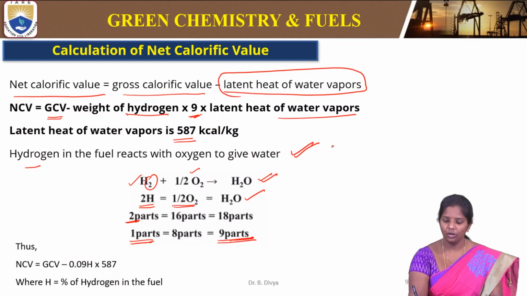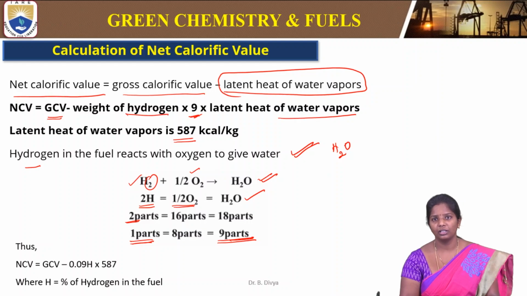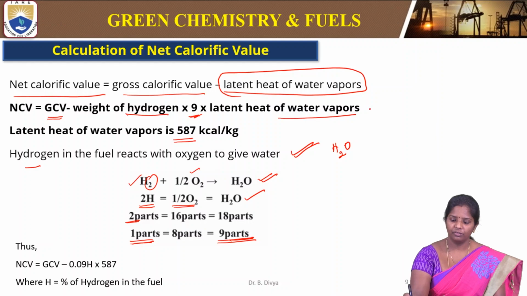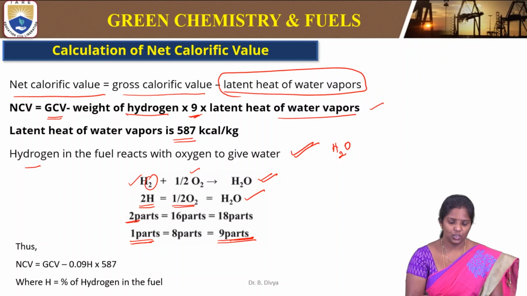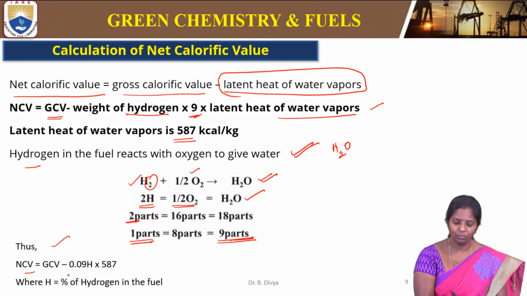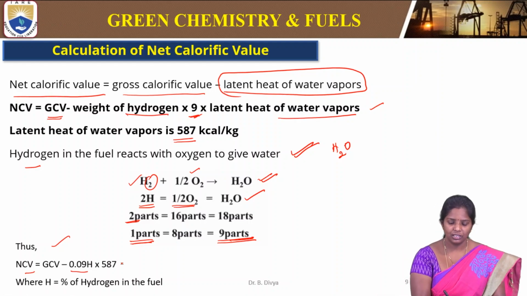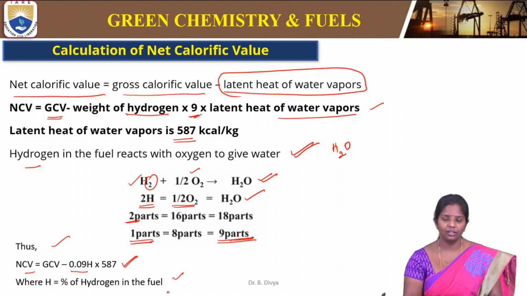This is how we consider the water that is forming, and the parts of water that form from 1 part of hydrogen. So this gives a good formula for the net calorific value. Net calorific value is equal to gross calorific value minus 0.09 H into 587, where H is the percentage of hydrogen in the fuel.